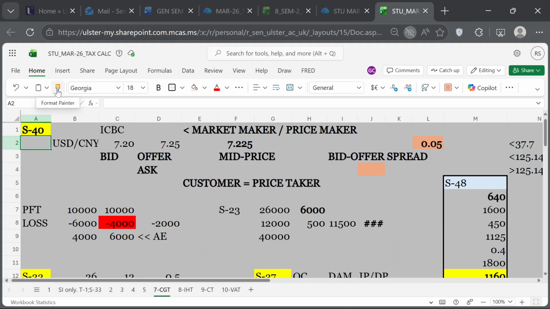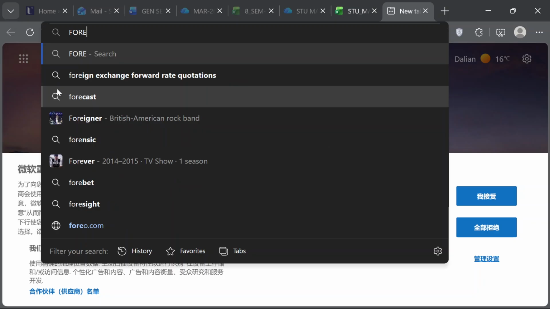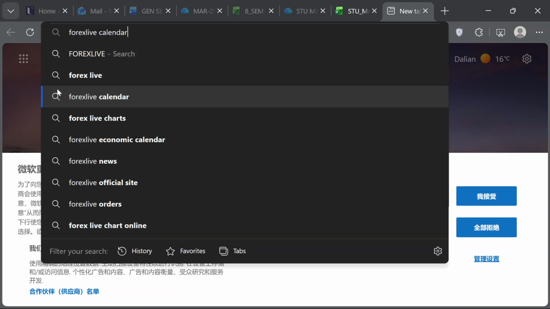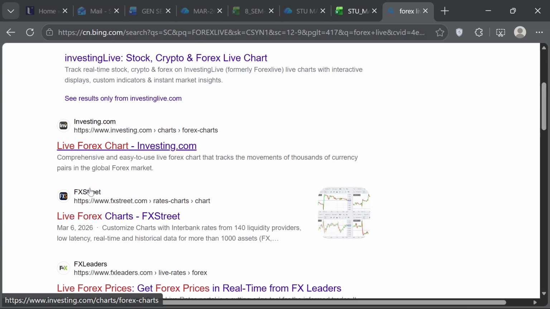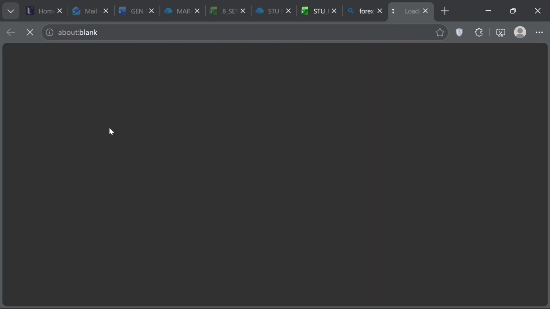So here you need to understand, well, we don't have time for all these discussions. But whenever you look at a market price, like if we look at Forex Live or something like that, hopefully we have some two-way prices.